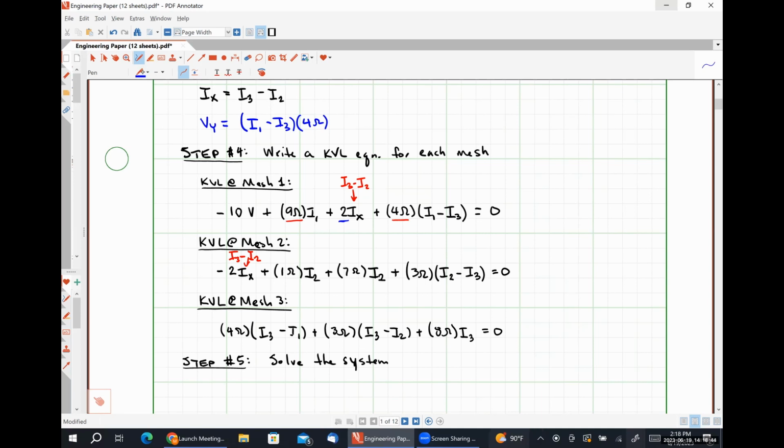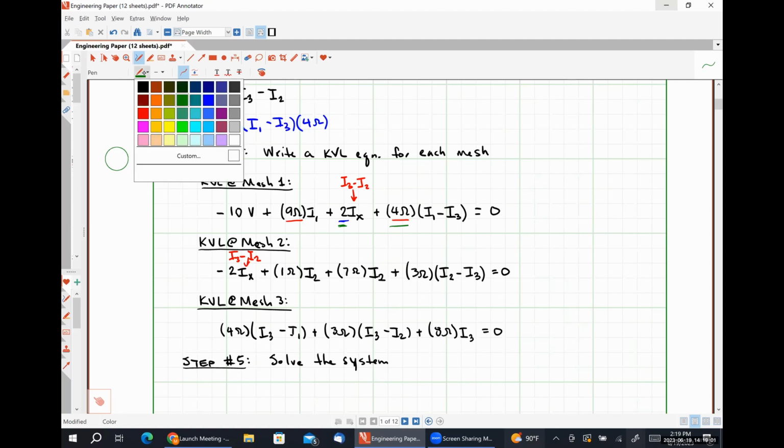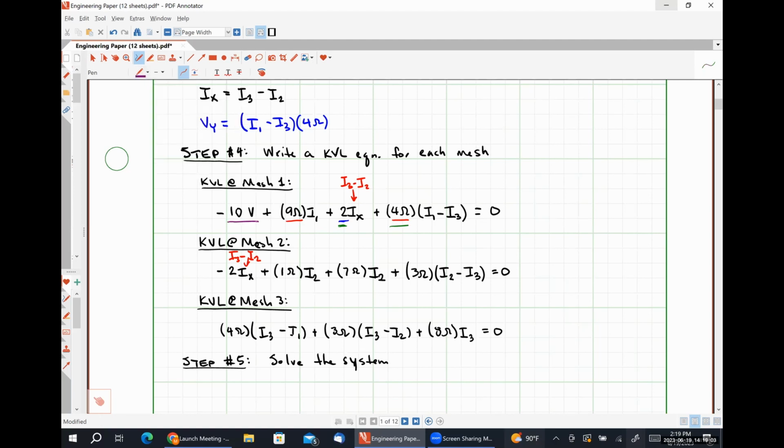My coefficient for I3 is going to be this guy right here, but it's going to be positive this time. So positive 2 minus 4. So 2 minus 4 looks like negative 2. And then my constant term is going to be positive 10 when I move it over to the other side.